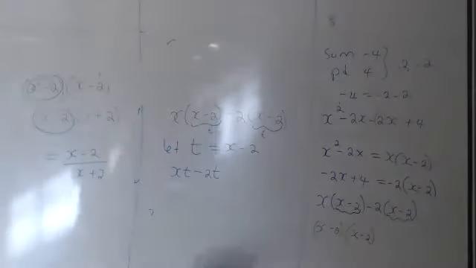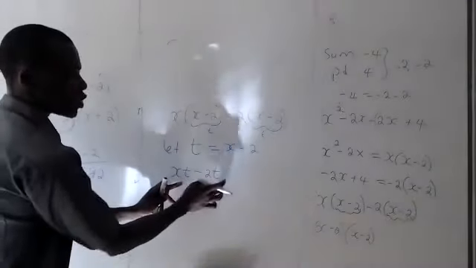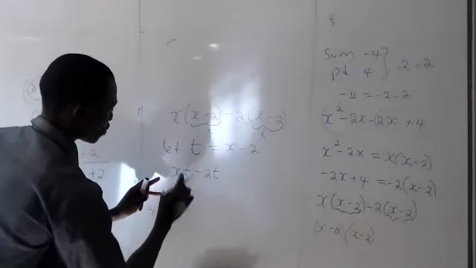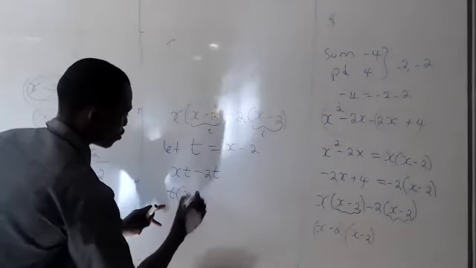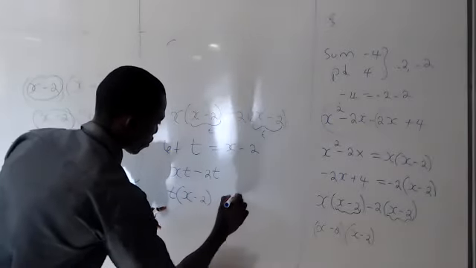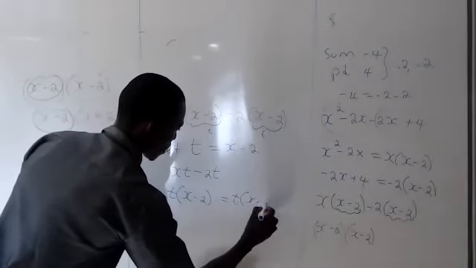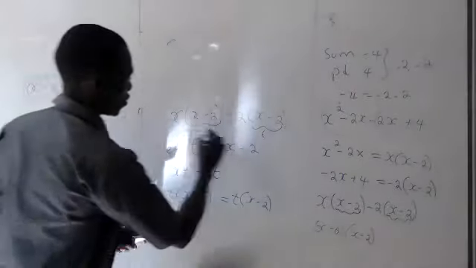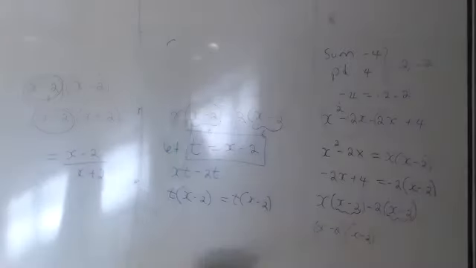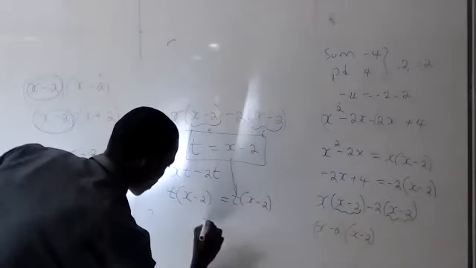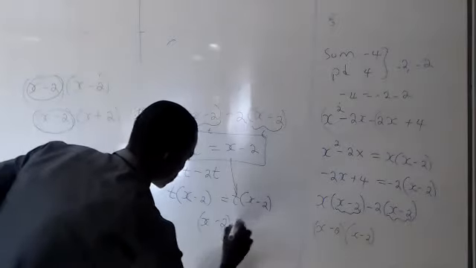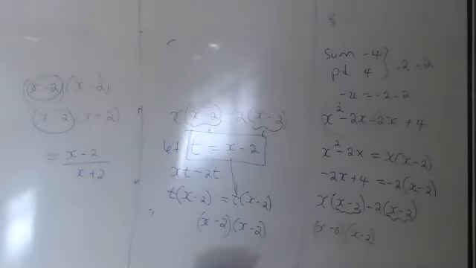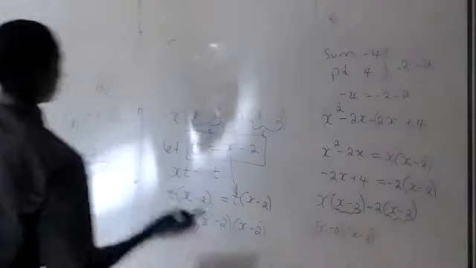Is that okay? Then now, we factor out t from this. So we pull out t, t goes into xt, x times, into minus 2t, minus 2. So finally, you have t into (x minus 2). But what was t? T was x minus 2. So we finally have (x minus 2) times (x minus 2). Are you happy now? Yes. Great. Let us proceed.